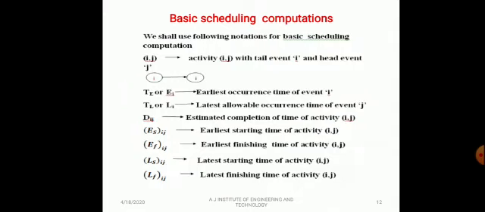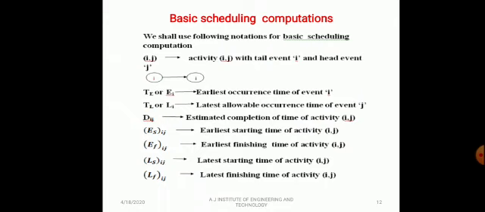Basic scheduling computations. We shall use the following notations for basic scheduling computation. IJ: activity IJ with tail event I and head event J. TE: earliest occurrence time of event I, or EI.